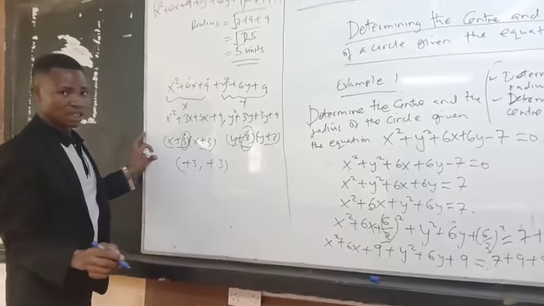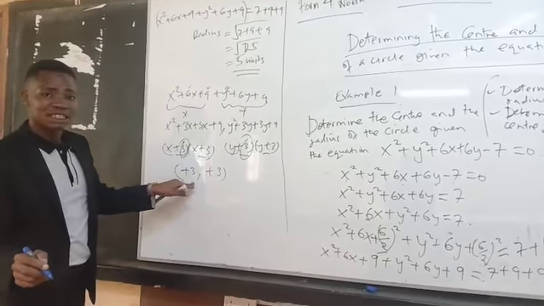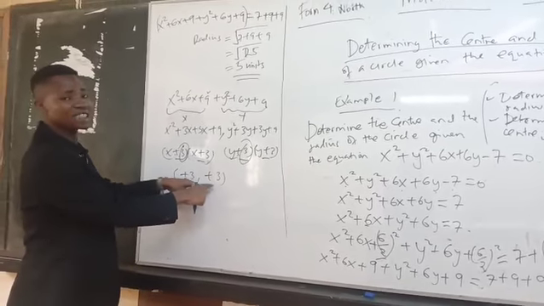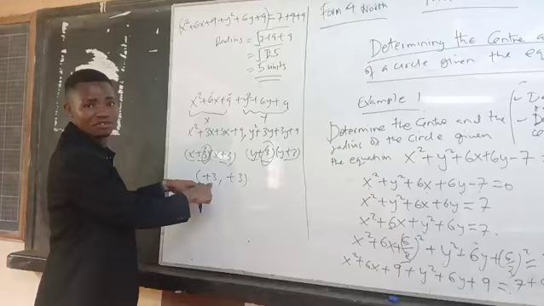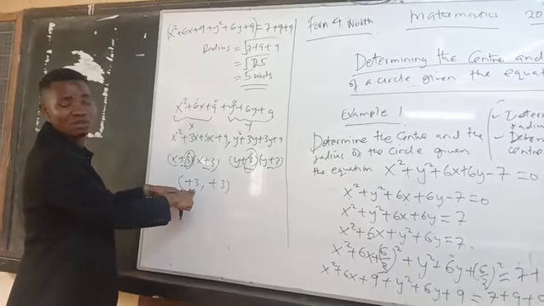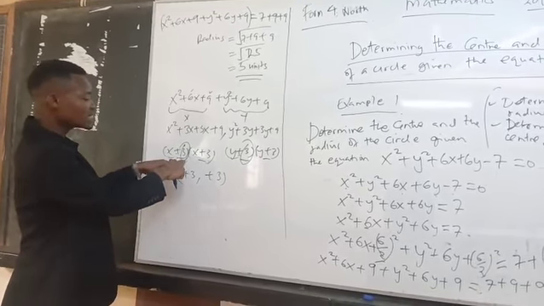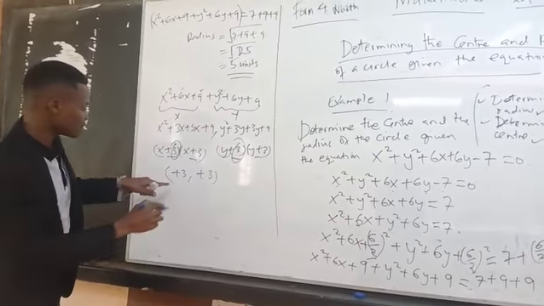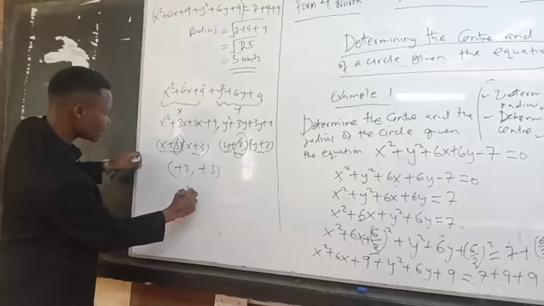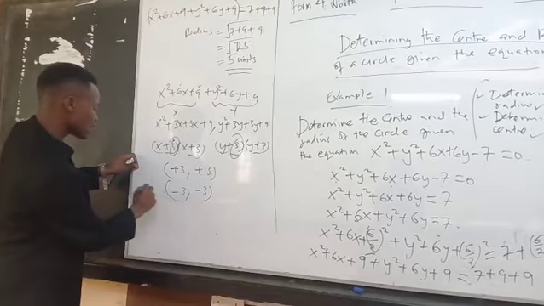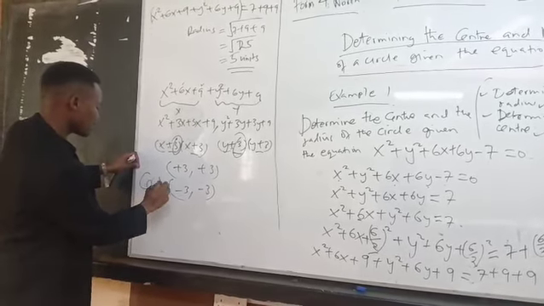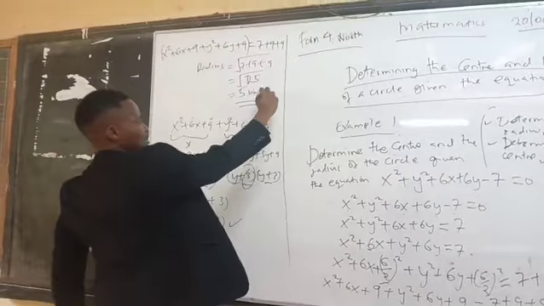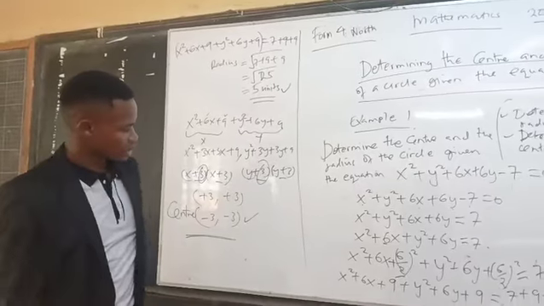But when determining the coordinates of the center of the circle, you change the sign: when it is negative, you change it to positive, and whenever it is positive, you change it to negative. In this scenario, it was positive, so we make it negative 3, negative 3. By so doing, we shall have found the center of the circle. And this is the center, and this is the radius for this one.